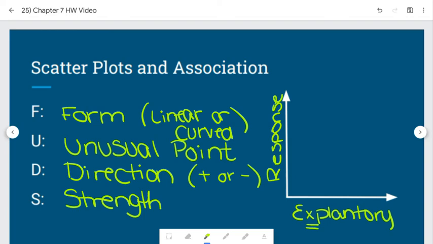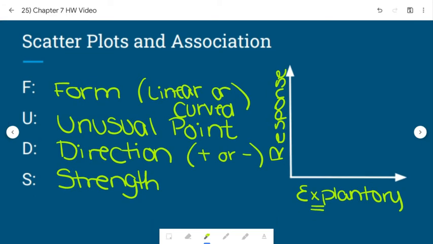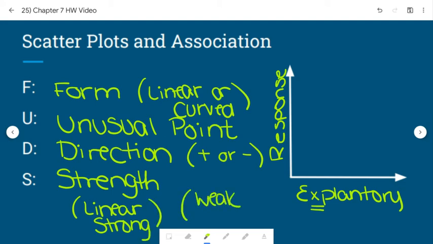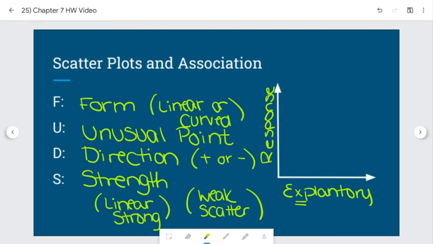The stronger it is, the more linear it will look, meaning the two variables have a more direct relationship. The weaker it is, the more scattered it is, because that indicates the two variables don't really have much pulling them in the same direction.